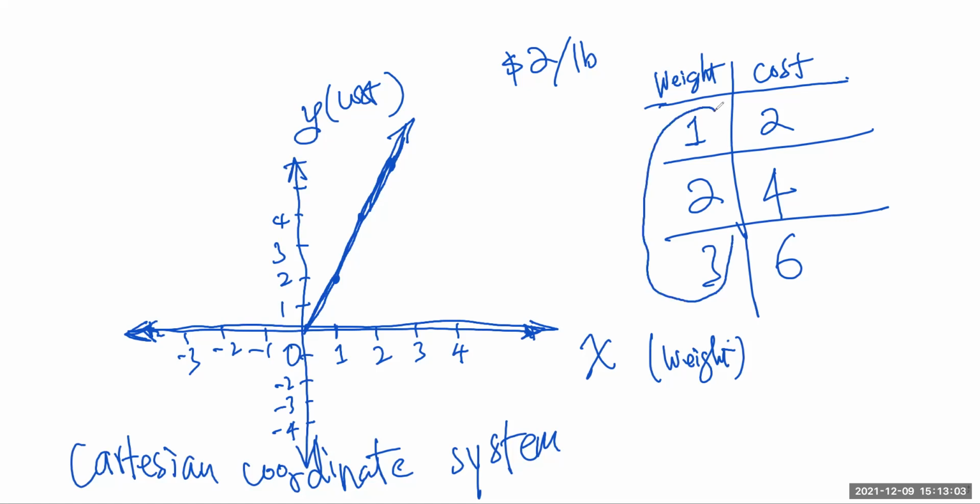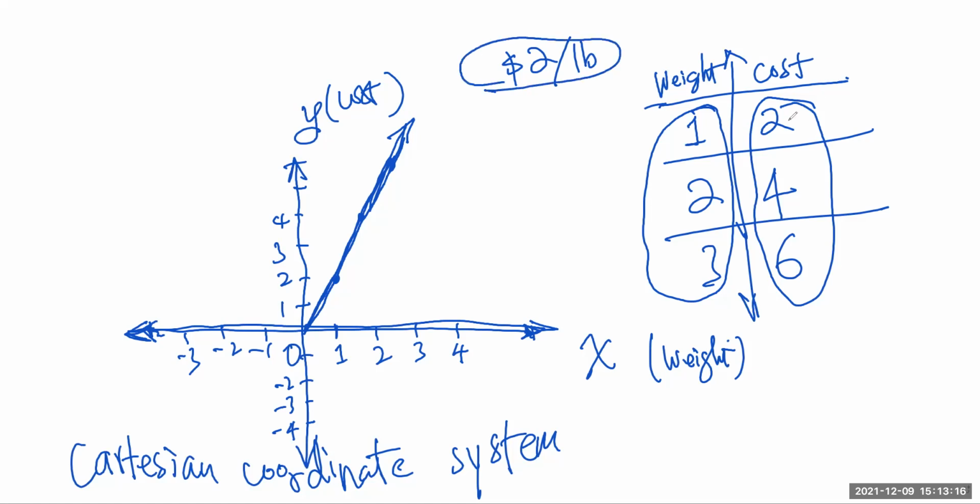So now we got 2 sets of data. One set is weight, another set is money. And this table, the price, $2 per pound, gives us a relationship between those 2 sets of data, right? If I give you the weight, you can figure out the cost, and if I give you the cost, you can also back calculate the weight.